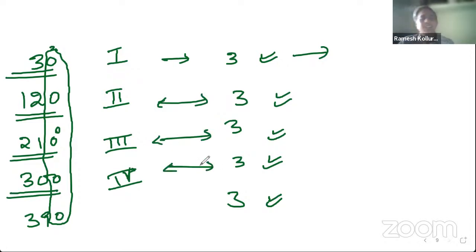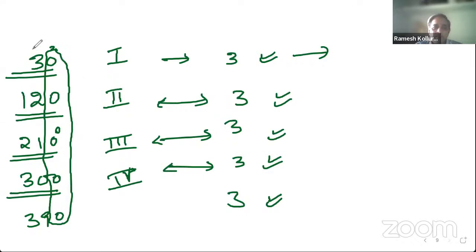So how do I know whether this is related to the first, second, third or fourth quadrant? So what I will do is, whenever the digital root is 3, I subtract 3 from the number, or I add.